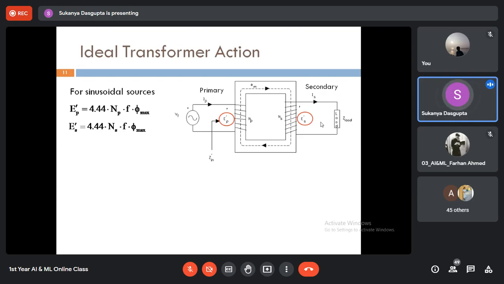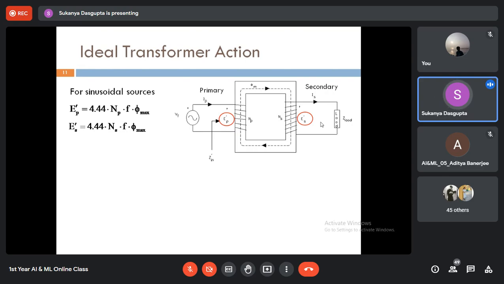EP is d/dt of Φ max sin ωt. So d/dt of sin ωt means ω cos ωt, yes, and ω is 2πf. Omega is angular frequency in rad per second, so ω is 2πf.